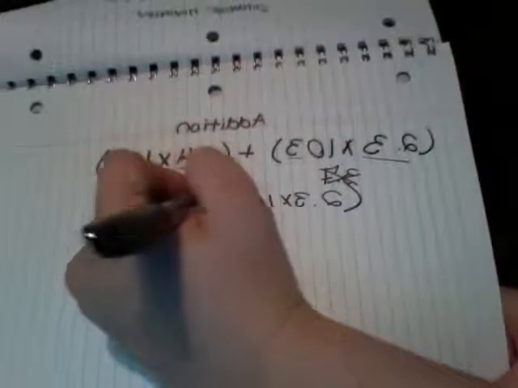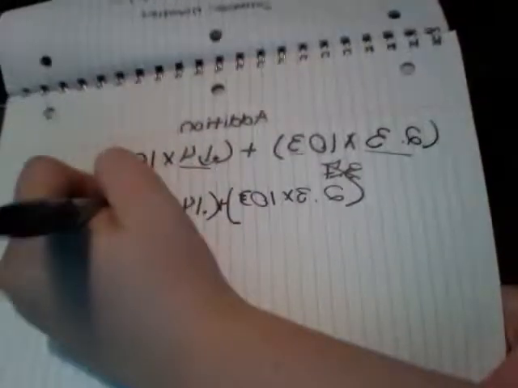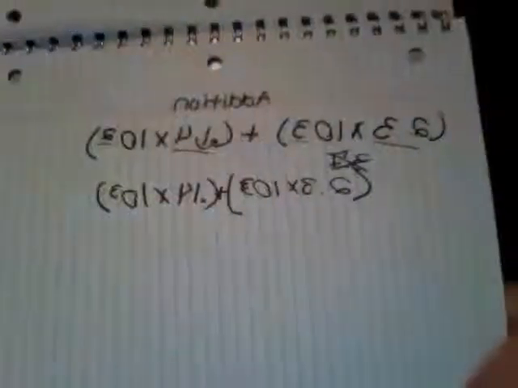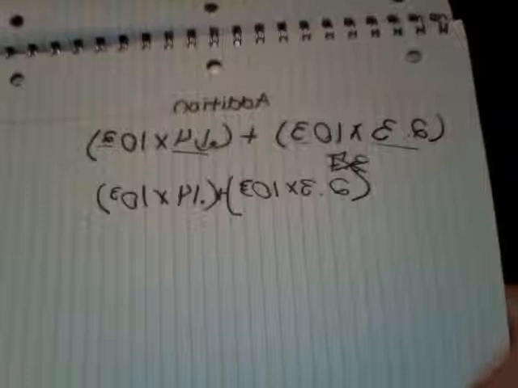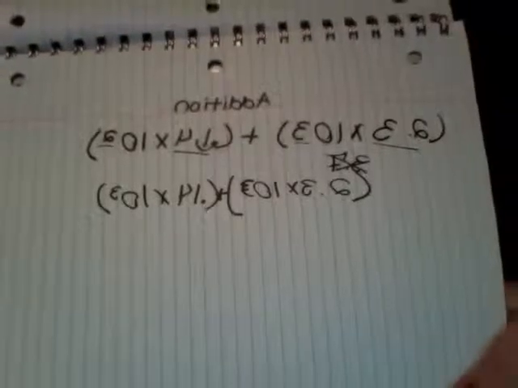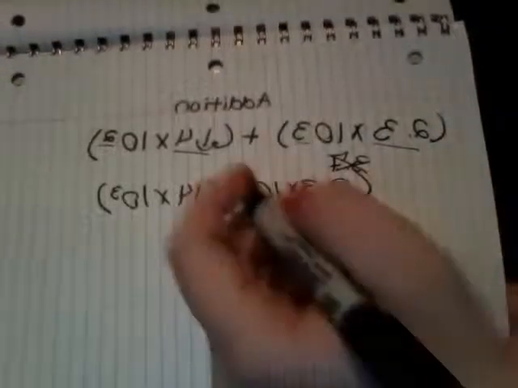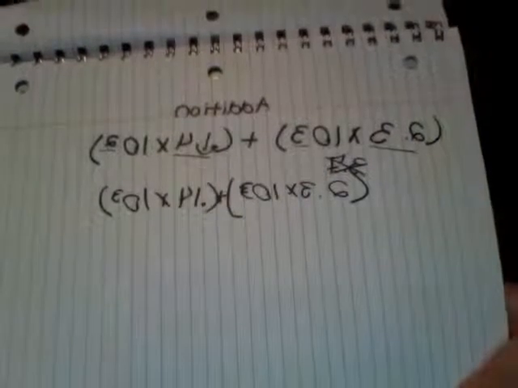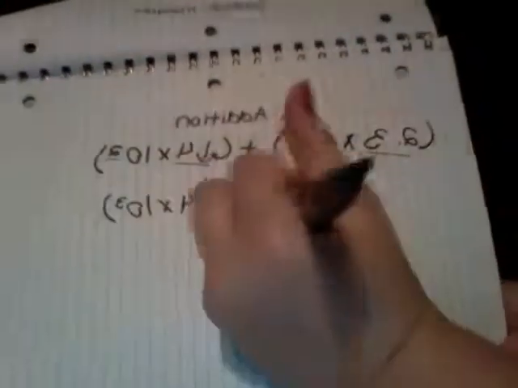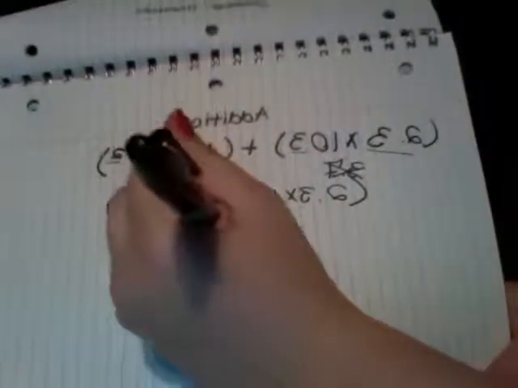And then this number changes to 0.14 times 10 to the third. And now our exponents are the same number. Okay? So then you just add them together and you get 2.44 times 10 to the third.